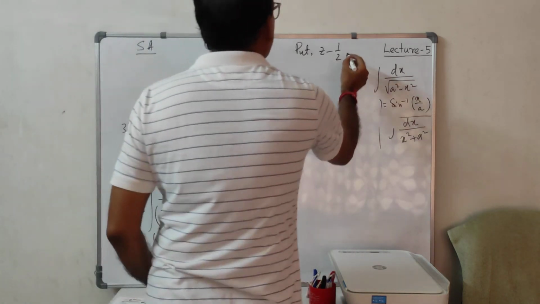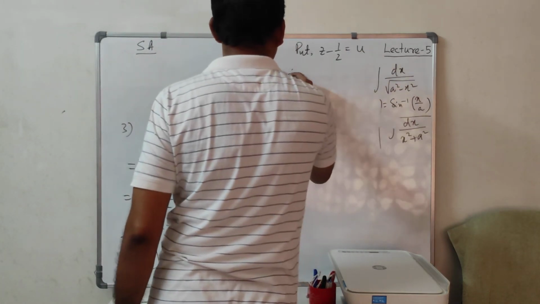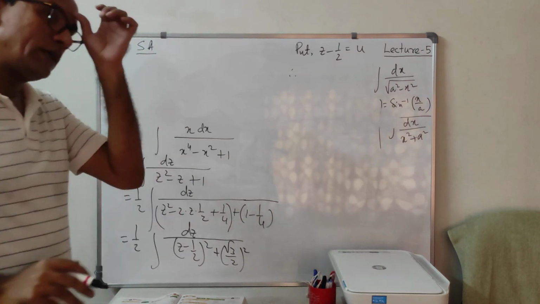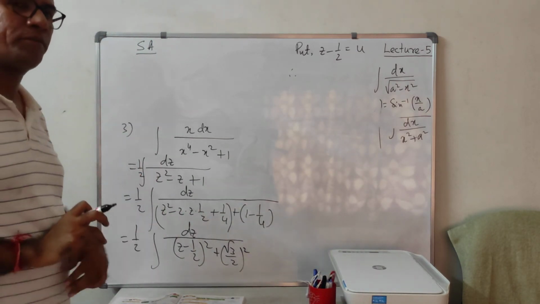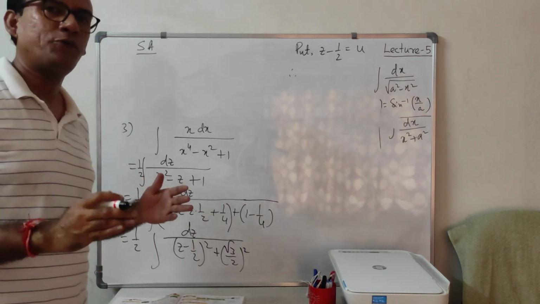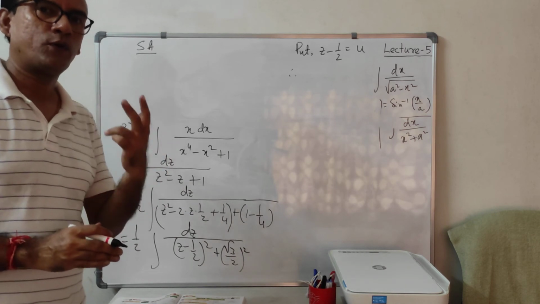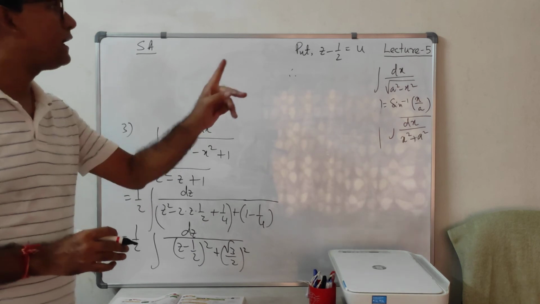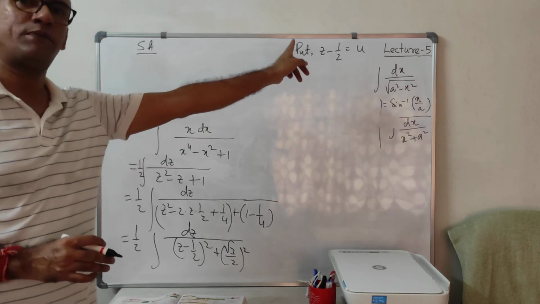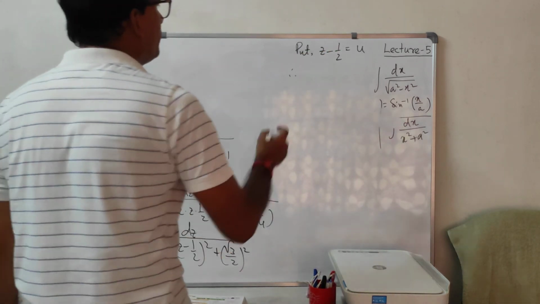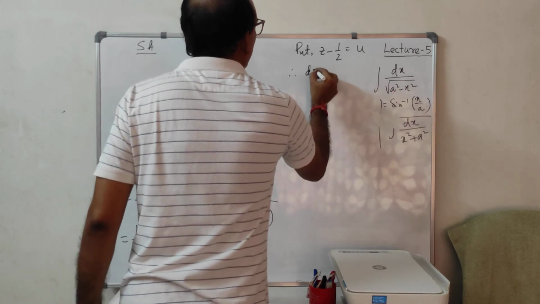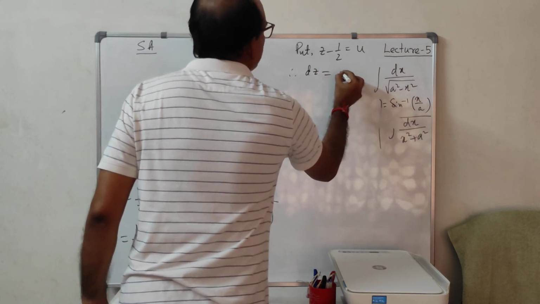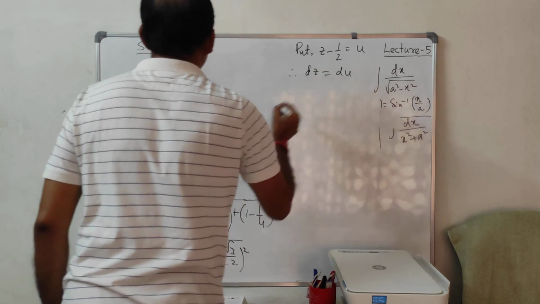Put z minus half equals u. So see, in this problem I have to substitute twice. First, I substituted x^2 by z. Next, I am substituting z minus half by u. So this is the first problem where we have to substitute twice.